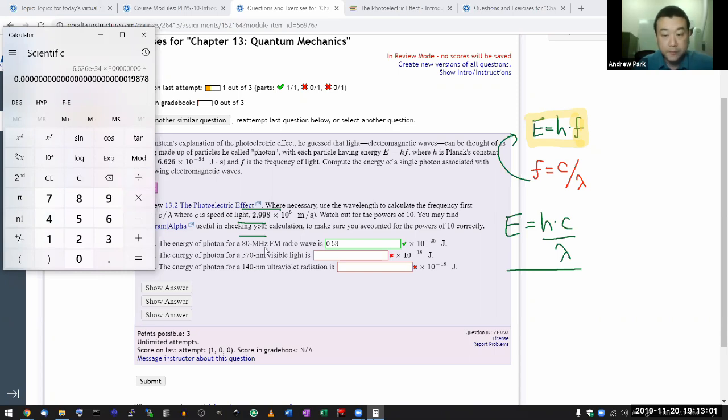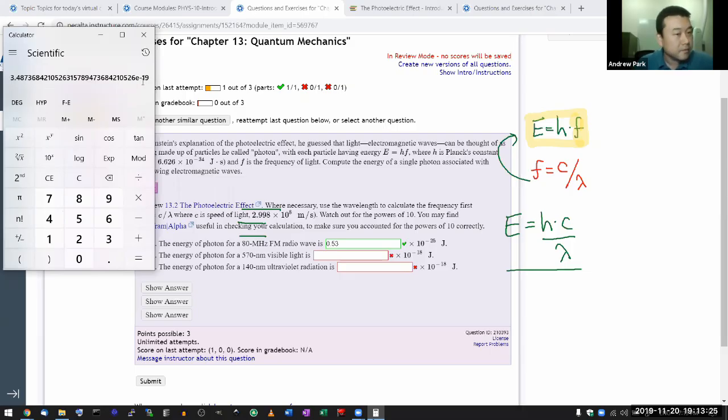Nano is the prefix meaning 10 to the power of minus 9, or a billionth. So 570 times 10 to the power of minus 9 meters. So all of that equals that.